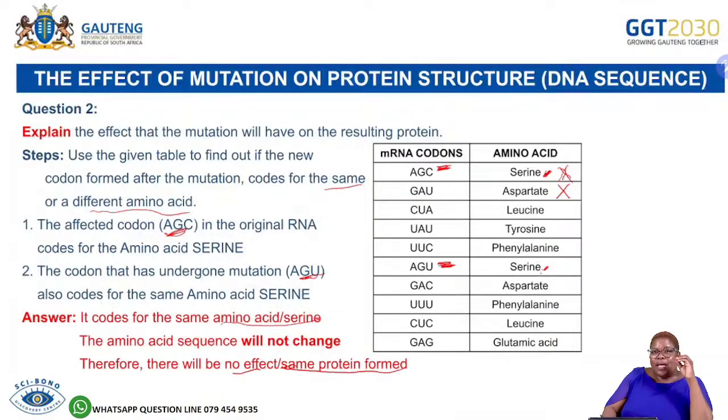Why? Because after mutation has taken place, it resulted in the same amino acid. And if we have the result of the same amino acid, this entails that there will be no effect, or we're going to have the same protein being formed. A protein is formed by amino acids. Don't forget.